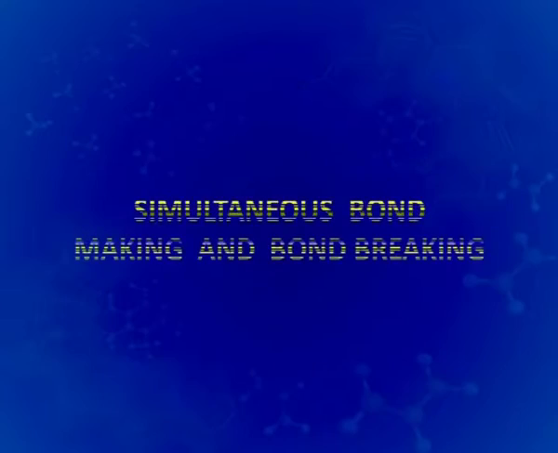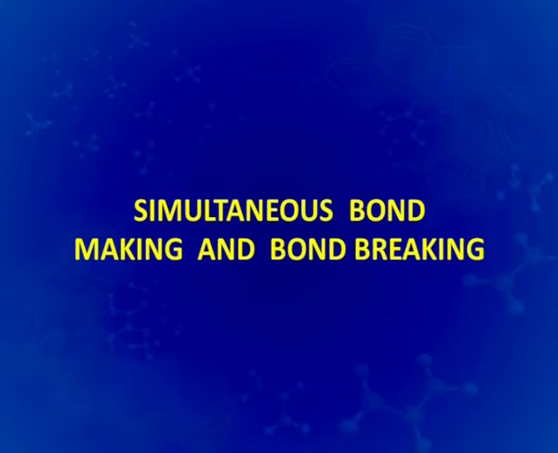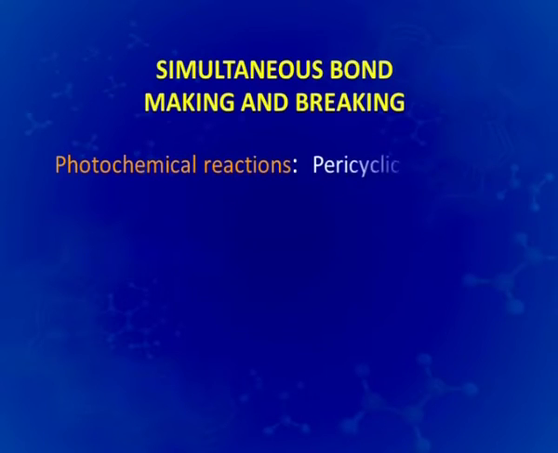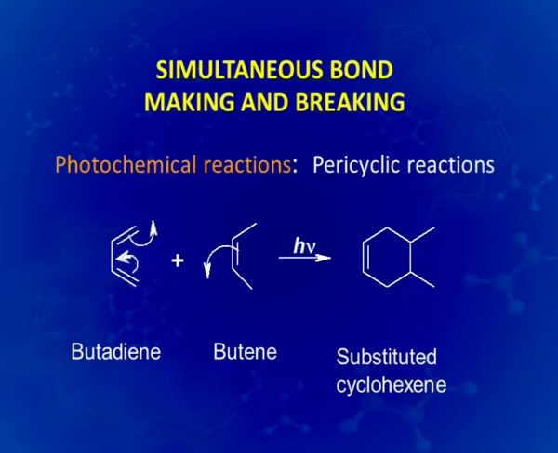There is yet another way by which bond making and bond breaking take place, and we call it simultaneous bond making and bond breaking. What exactly happens here is, as one bond breaks, the other bond gets made also. It happens in pericyclic reactions, which are often photochemical. As you can see here, we have butadiene and butene, wherein, as the arrows show, a bond between these two gets formed.